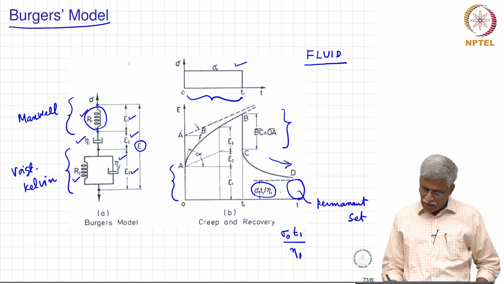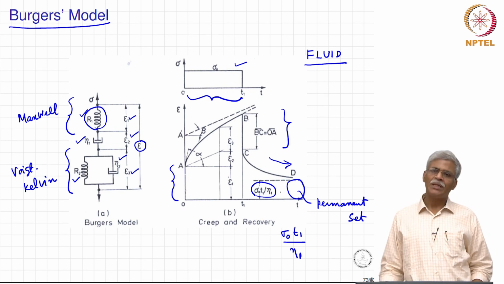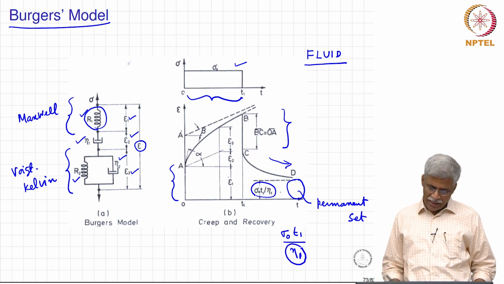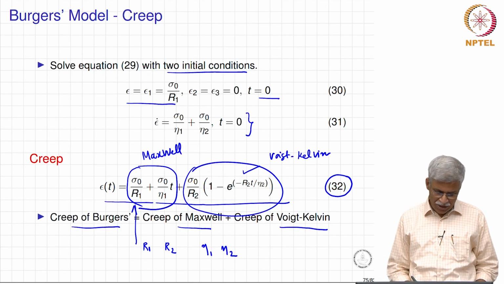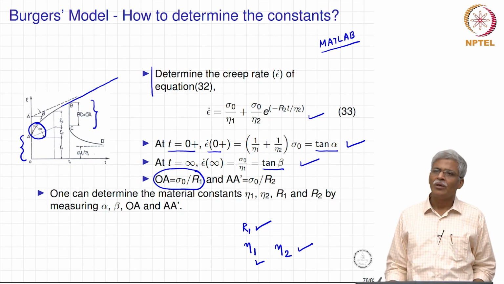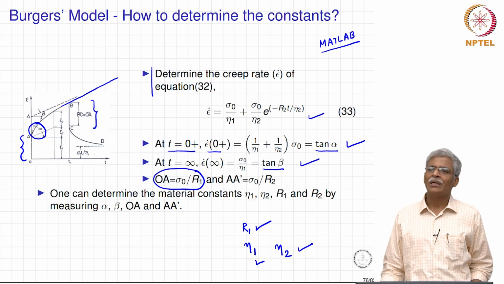So, even by looking at the remaining deformation after a sufficiently long time, we will be in a position to verify whether this eta 1 that we got using this analysis is verifiable or not.